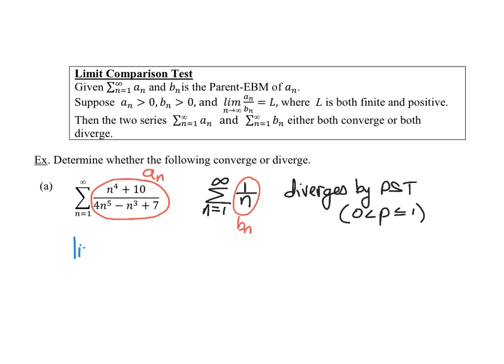I'm going to find the limit as n approaches infinity of my a sub n, so n to the fourth plus 10 over 4n to the fifth minus n cubed plus 7, all over my b sub n, which is 1 over n.